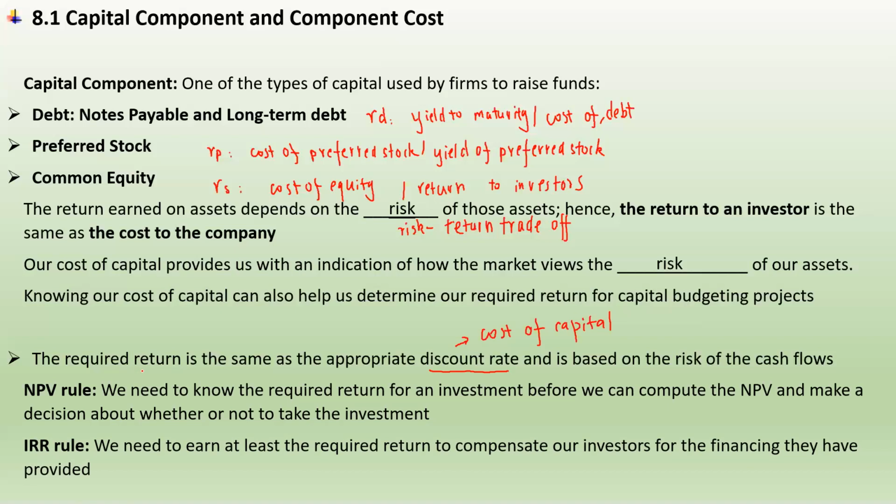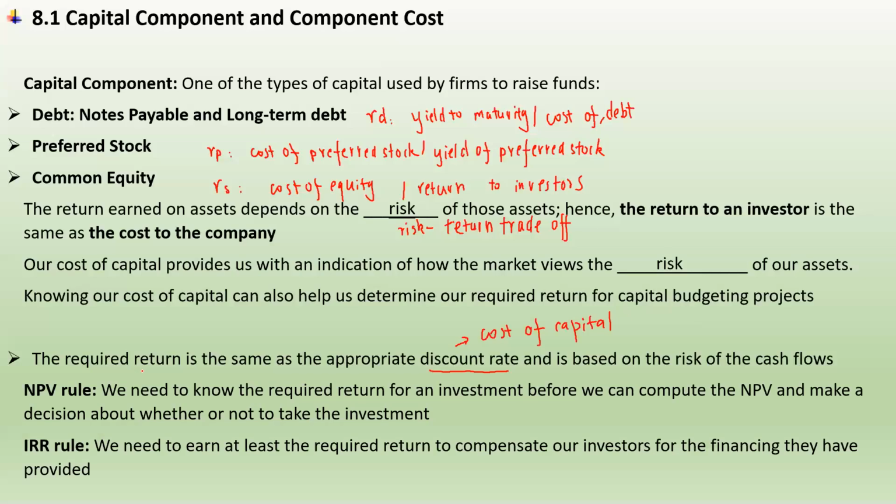We will learn those two capital budgeting rules in the next chapter. So in this chapter, our task is to find out this proper discount rate, or cost of capital.